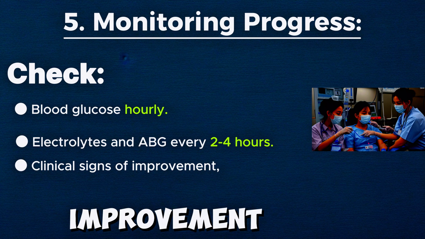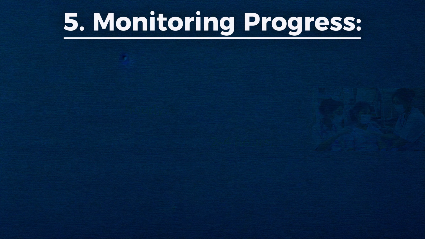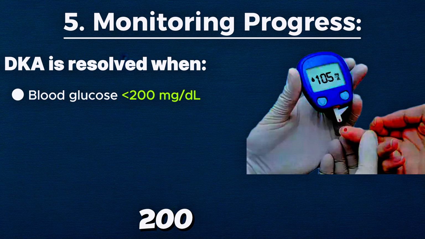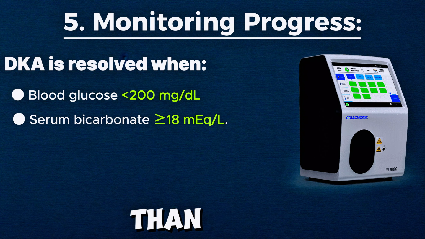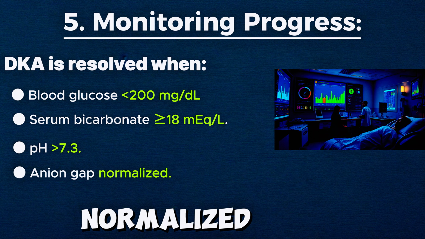Look for clinical signs of improvement, such as normalization of vital signs and resolution of symptoms. DKA is resolved when blood glucose is less than 200 milligrams per deciliter, serum bicarbonate is greater than or equal to 18 milliequivalents per liter, pH is greater than 7.3, and anion gap is normalized.